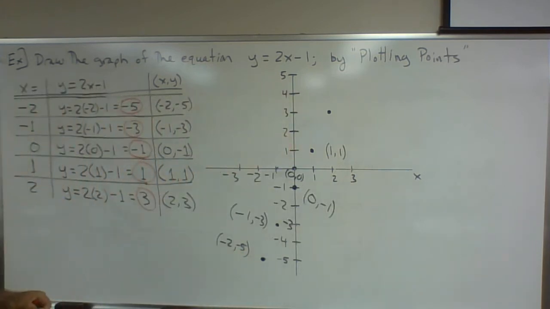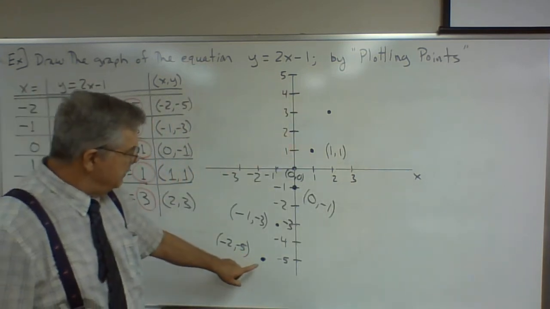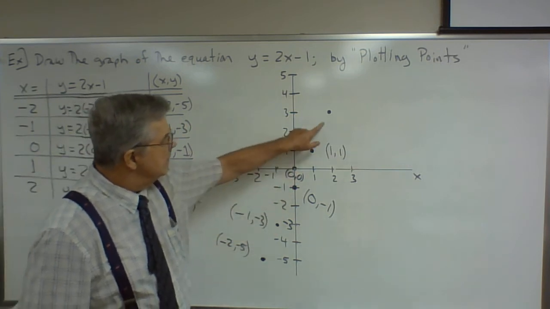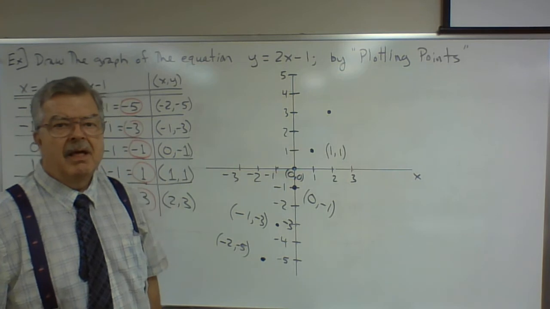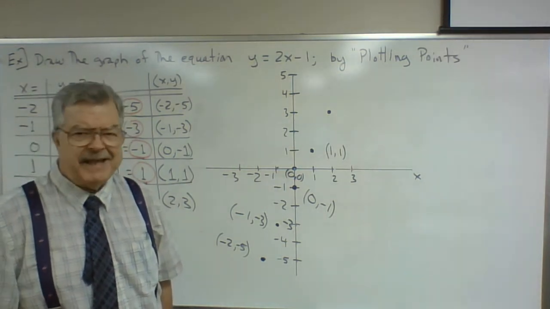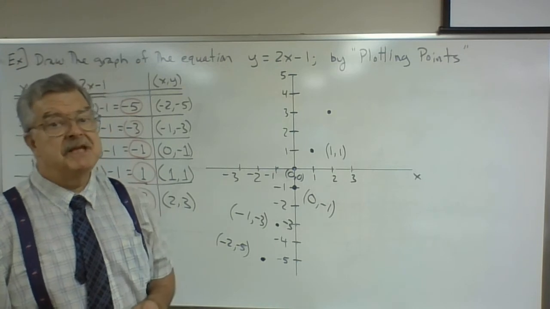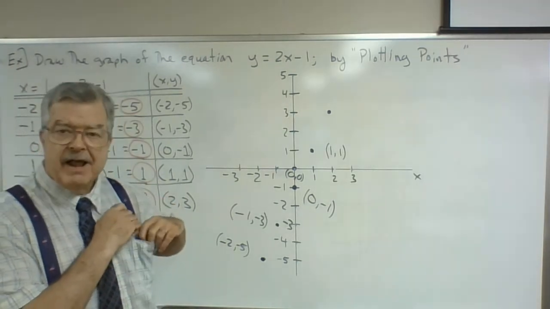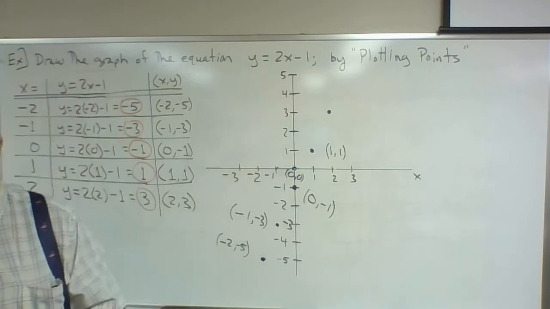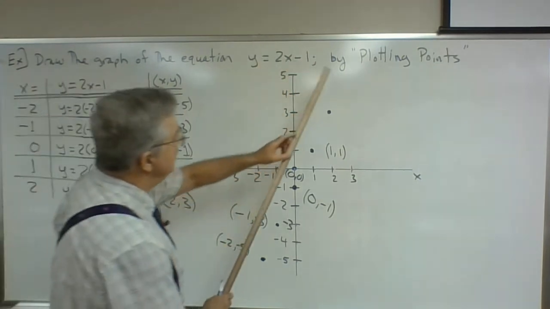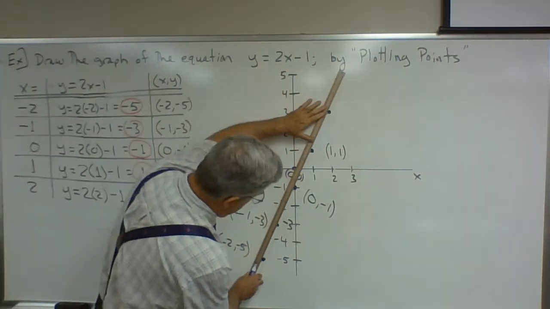And now look at these 5 points here, here, here, here, here. They look like they could be on the same straight line, and I'm guessing that that's what my graph is going to look like. Let's see if these points really do fall on the same line.